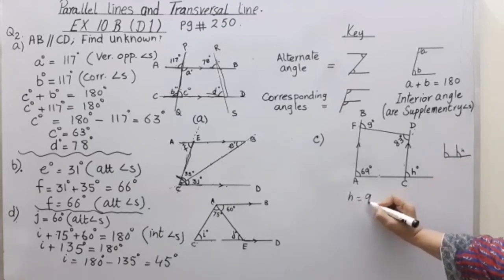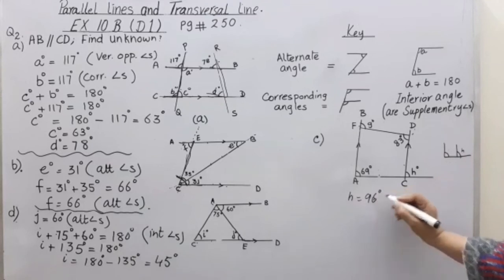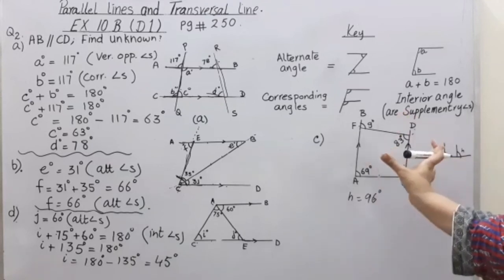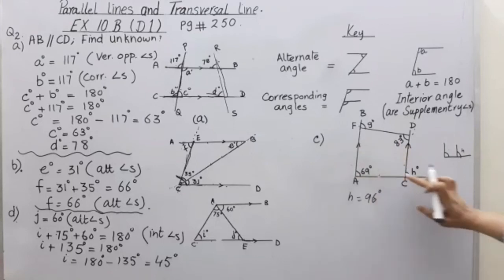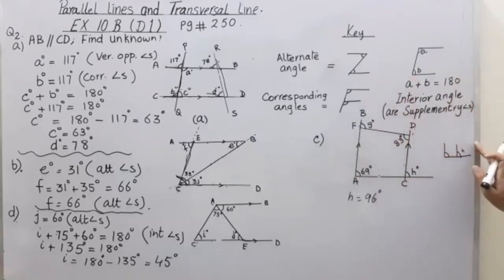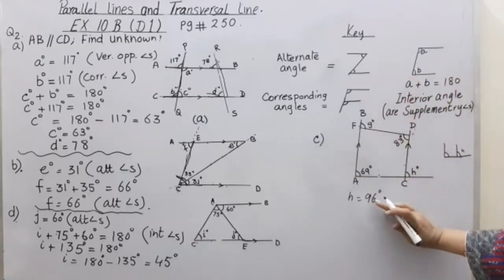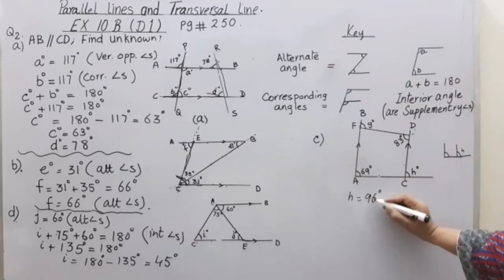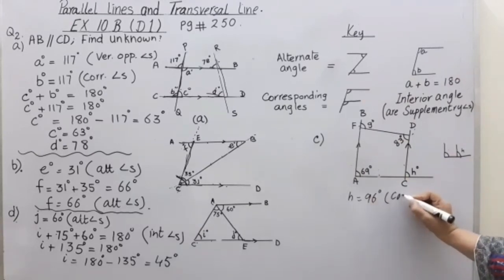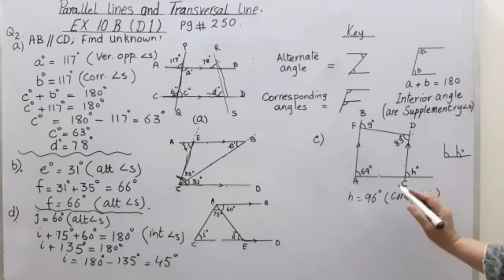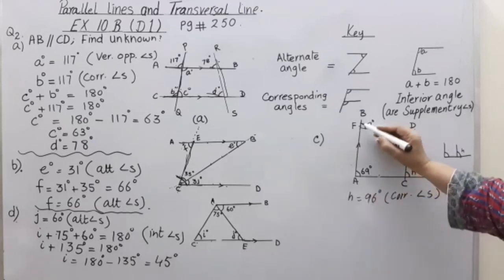H is equal to 96 because when you rotate your book like this you see it simply looks like an F, and these are corresponding angles. And now G is equal to 83.